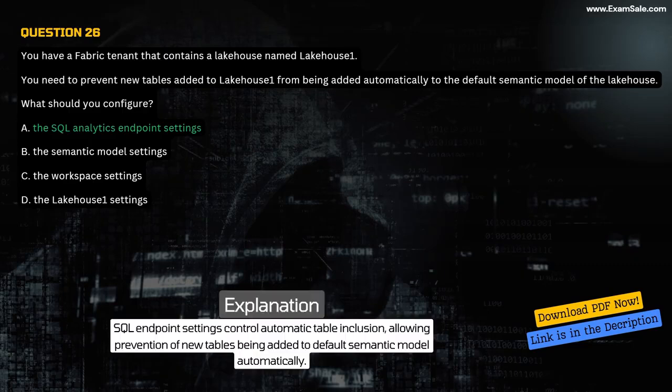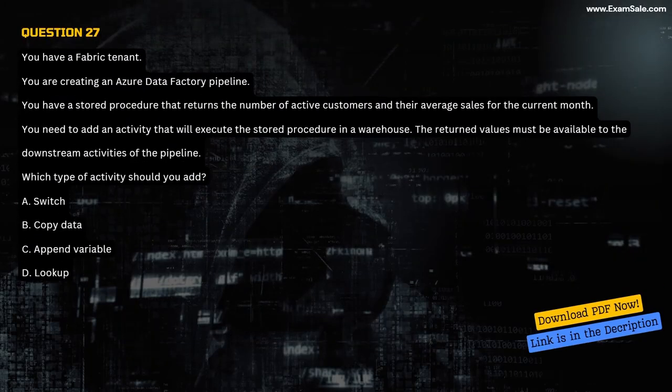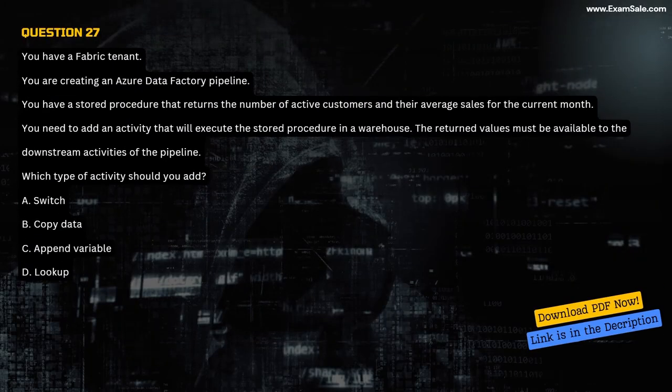Explanation. SQL endpoint settings control automatic table inclusion, allowing prevention of new tables being added to the default semantic model automatically. Question 27. You have a Fabric tenant. You are creating an Azure Data Factory pipeline. You have a stored procedure that returns the number of active customers and their average sales for the current month.